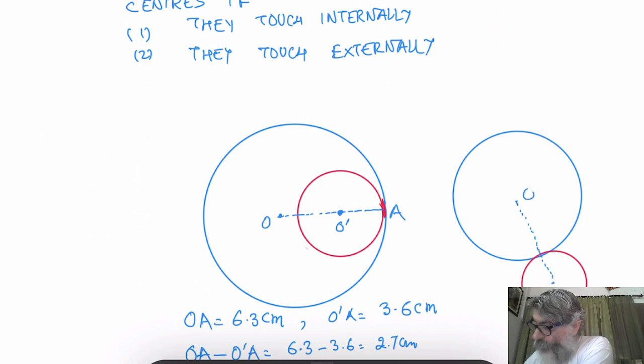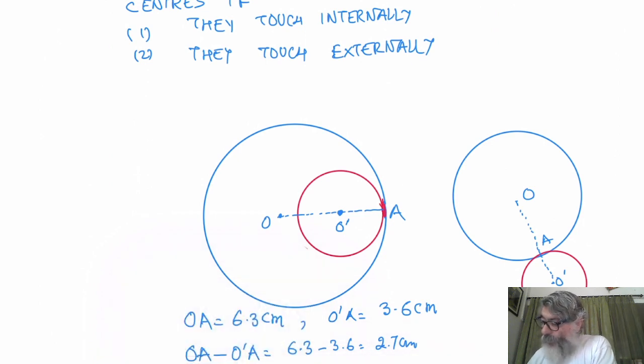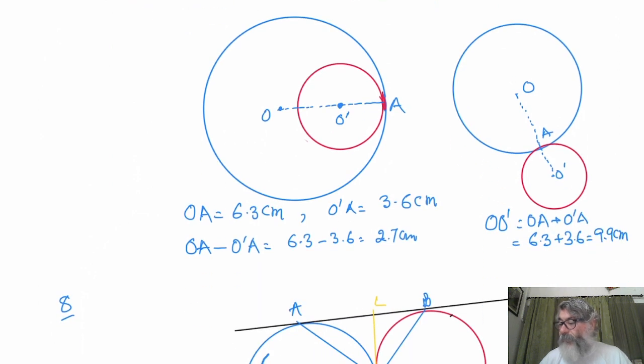This is O, this is A, this is O dash A. So in this case, OO dash will be OA plus O dash A, that is 6.3 plus 3.6, that is 9.9 centimeter. So the maximum distance between the two centers is 9.9. Minimum distance is 2.7.